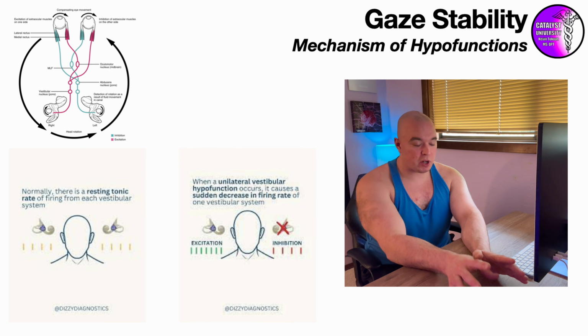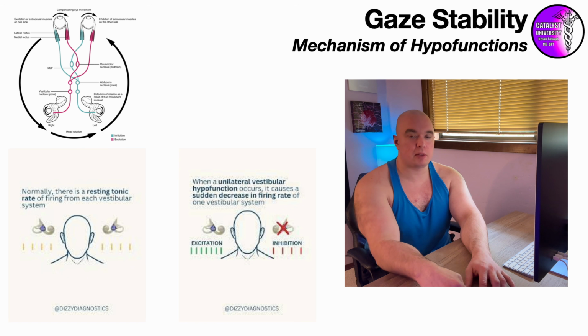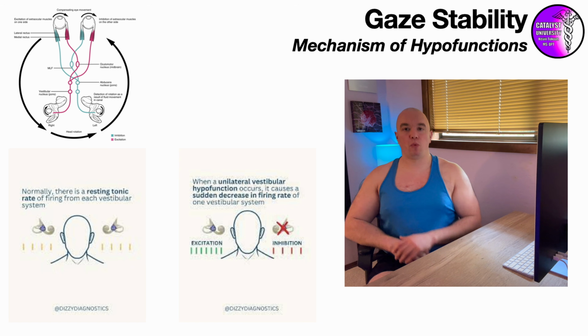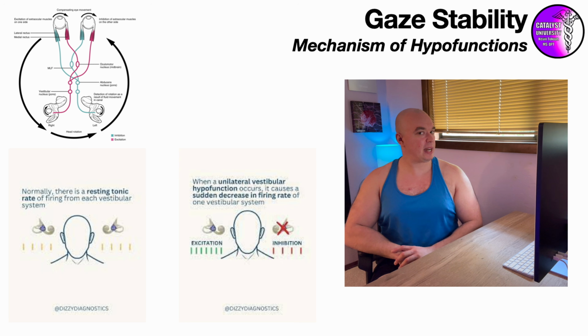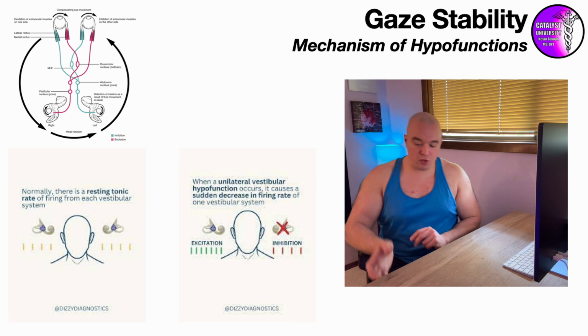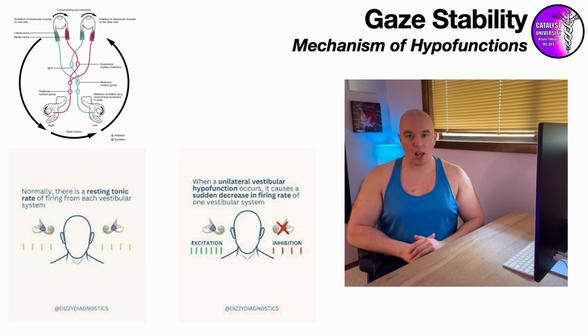Now, I don't want to get too much into the hairy details of what's going on mechanistically with a hypofunction, but I will give you a criminally simplified explanation of what's happening. Okay, so let's use the example of when I turn my head left and keep my eyes stable on that object. Turn my head left. Let's say to the standard that they have probably somewhere in France, I think it is, the international standard with degrees, this is exactly 45 degrees to the left.